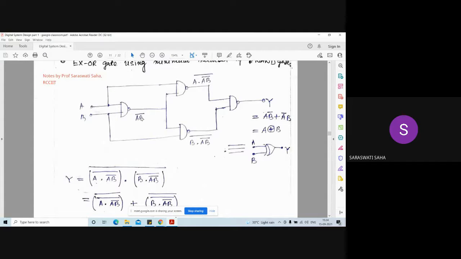Here, AB', taking this input A, what will be the output? You will get the term here. This is NAND between A and AB'. So A dot AB', which is AND, then take the complement. Here, B and one input comes from here. So B dot AB'.